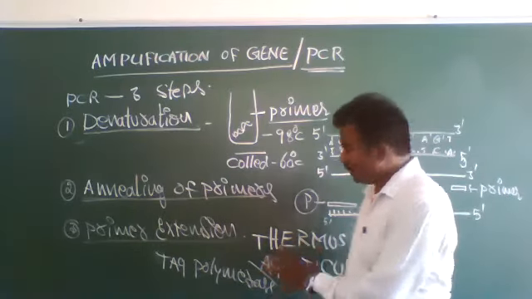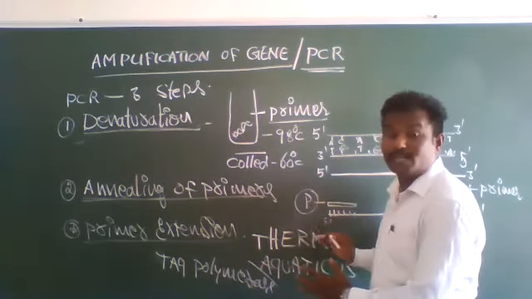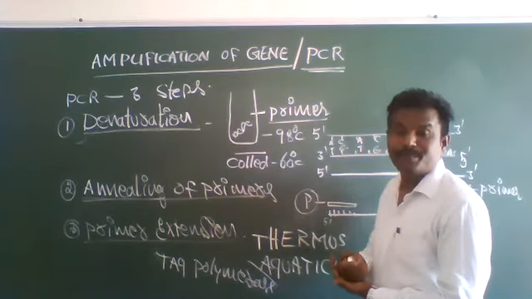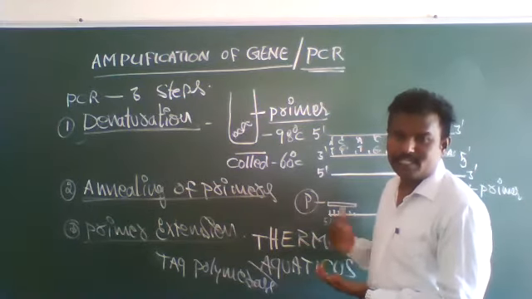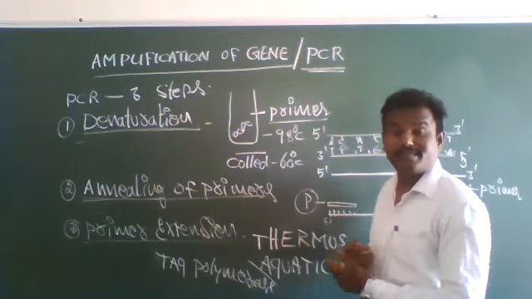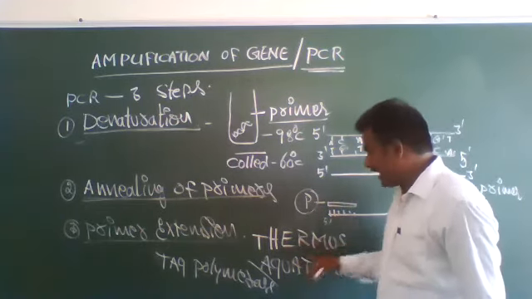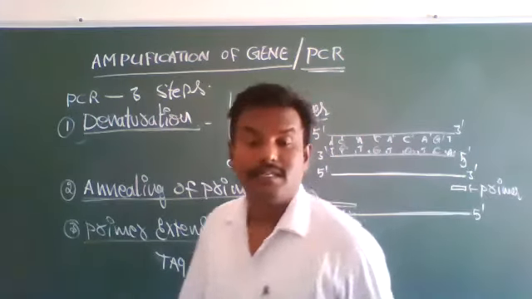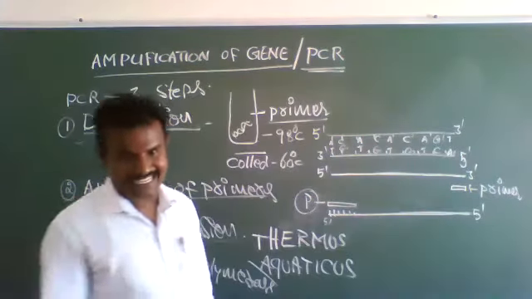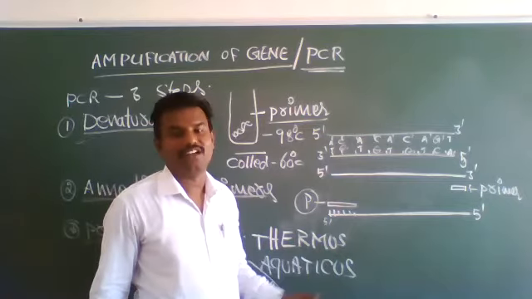That means even at higher temperatures this enzyme can work effectively, whereas some enzymes become inactive at higher temperatures. That's why it is called a thermostable bacteria. At high temperatures also it can work effectively.